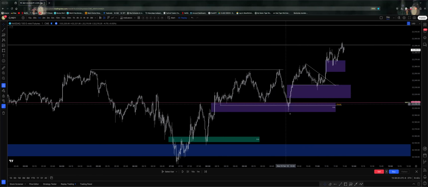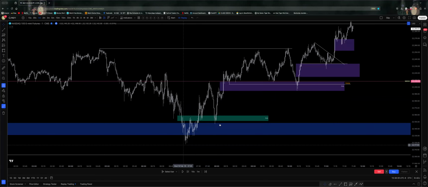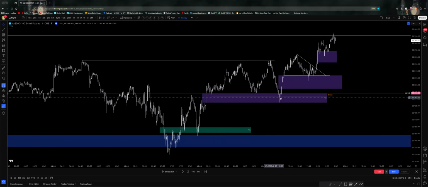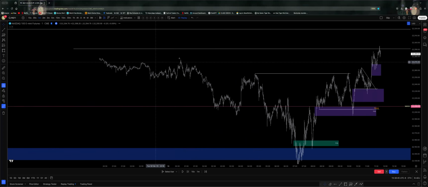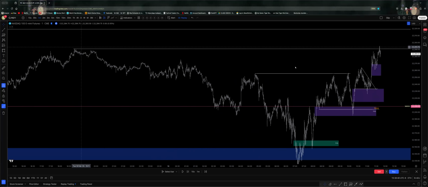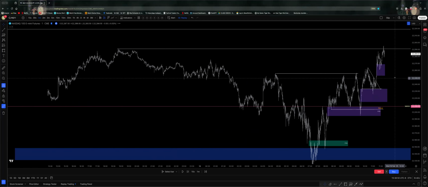So this one took it all out. So there's nothing left down here to take unless we go down here. This is too far. Maybe down here, maybe down here, and then down here. So these are swing lows, liquidity. But once this liquidity has been taken, we have clear targets up here, all this liquidity, and we go straight to it. You guys see that?